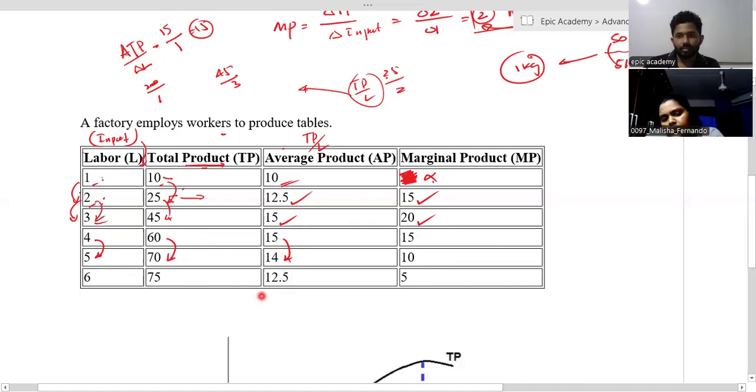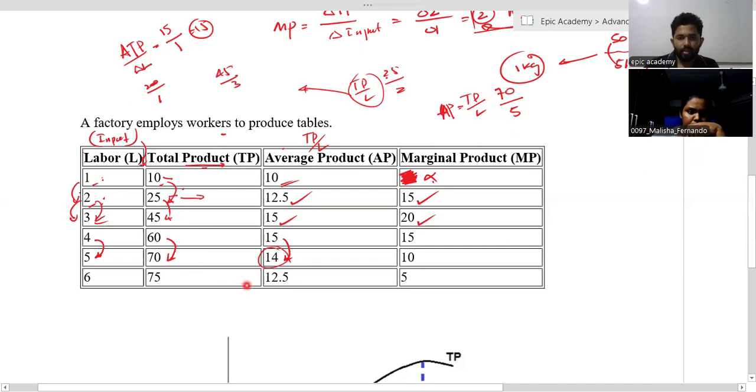It decreased. How did that happen? Because AP equals TP divided by L. TP is 70, divided by 5. Yes, it is 14.